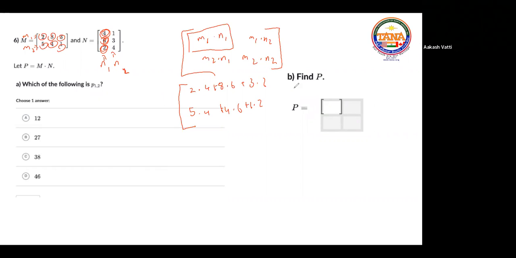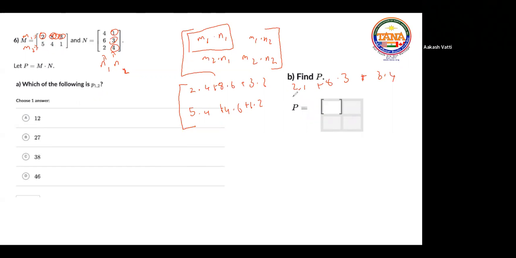And then for the second two, it's 2 times 1 plus 8 times 3 plus 3 times 4, because you have 2 right here. I'm just going to erase all of these marks. 2 times 1, 8 times 3, and 3 times 4.